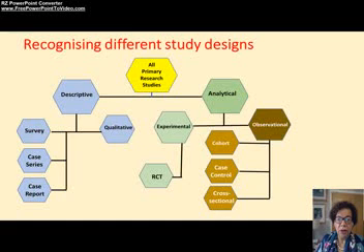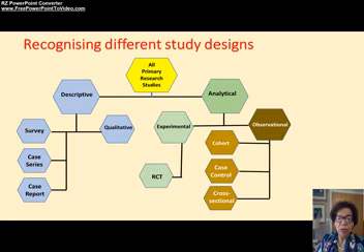The first step in design recognition is to decide: is the paper a descriptive study or analytical study? If the paper is testing hypotheses or investigating associations between different exposures and outcomes, it has an analytical design, shown here in the green and brown boxes.